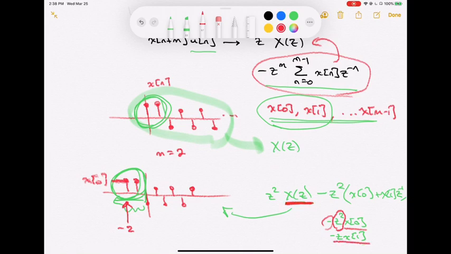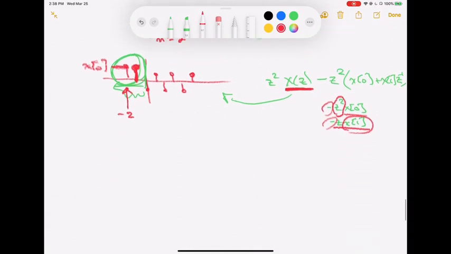The same goes over here. Z gives us a delta function at minus 1, and we had that term x of 1, and we're going to subtract off the content of that piece as well, because they are not included in that unilateral transform.